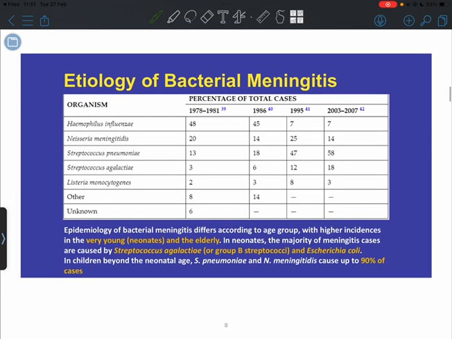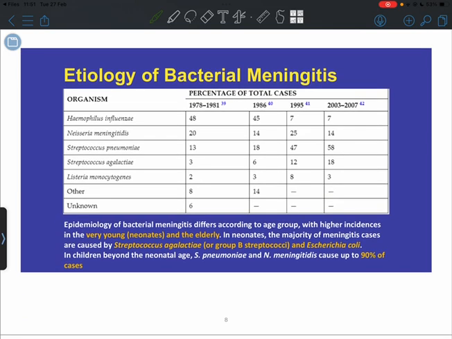Okay? Now, generally speaking, the etiology changes over the years, but the big players remain, and this is true for any given country, more or less. So as you can see, H. influenzae, Neisseria meningitidis, Strep pneumoniae, agalactiae, and Listeria, and how the incidence changes over time. Nevertheless, what's constant in this equation is what? Those who are more prone or susceptible to get the infections.